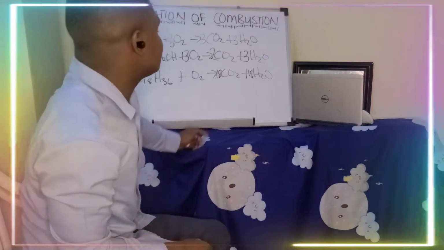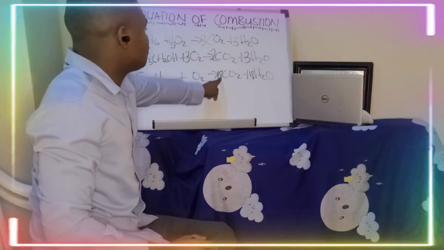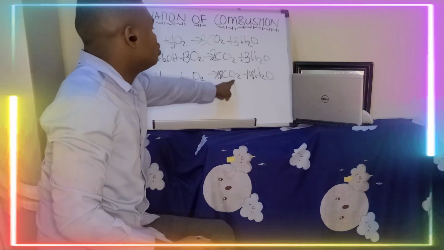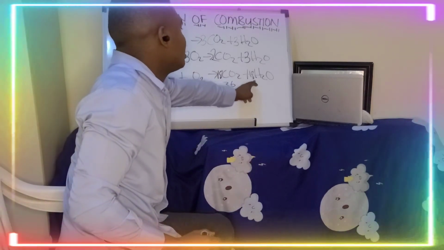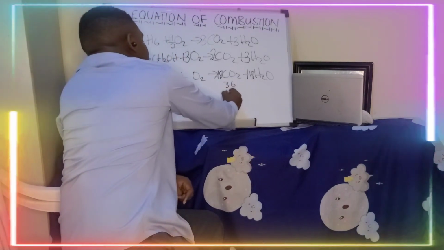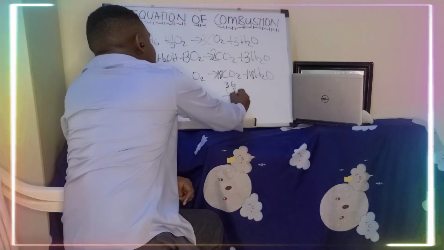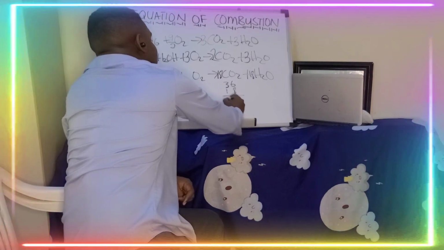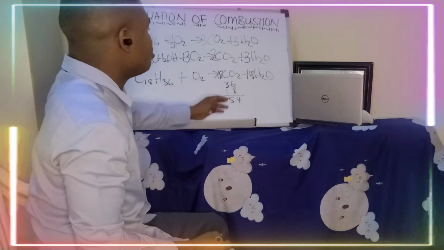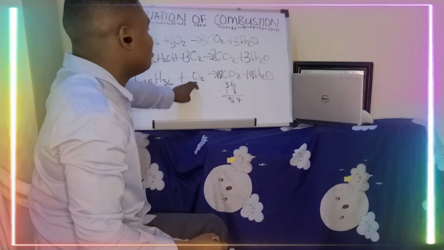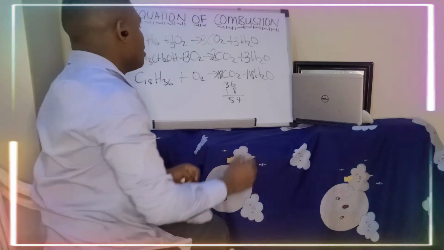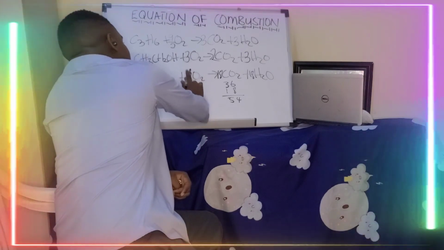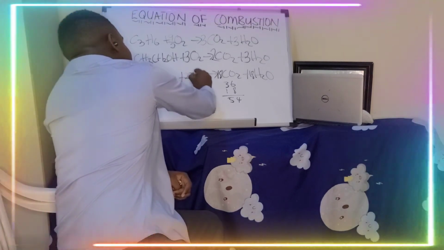Once we have done that, how many oxygens do you have? Here you have got 18 by 2, that's 36, and then here you have got another 18 oxygens, which will give you 54. So when you've got 54, what you have to do now is to multiply this number such that it can give you 54, which you are going to multiply by 27.